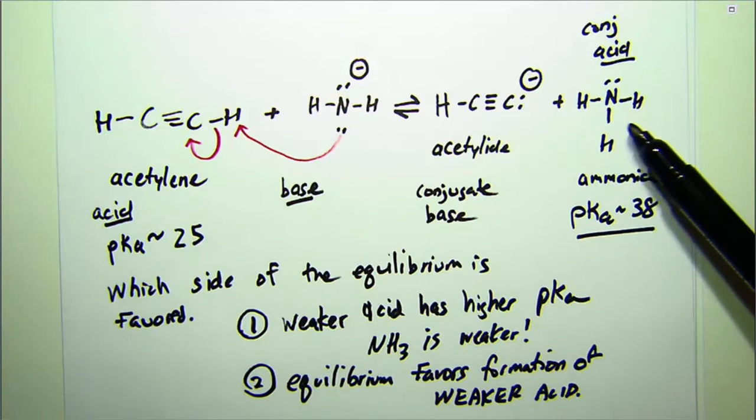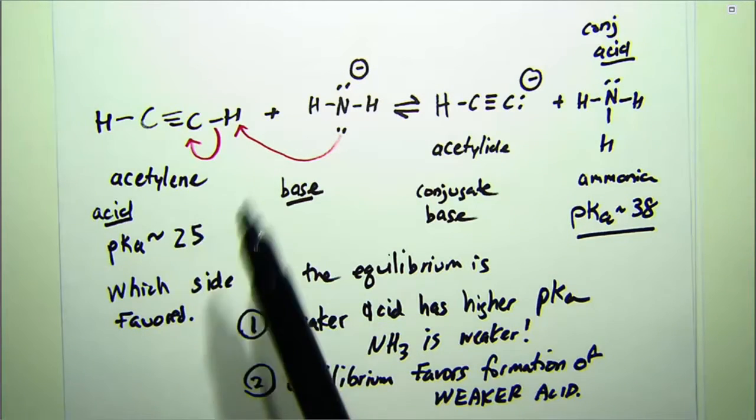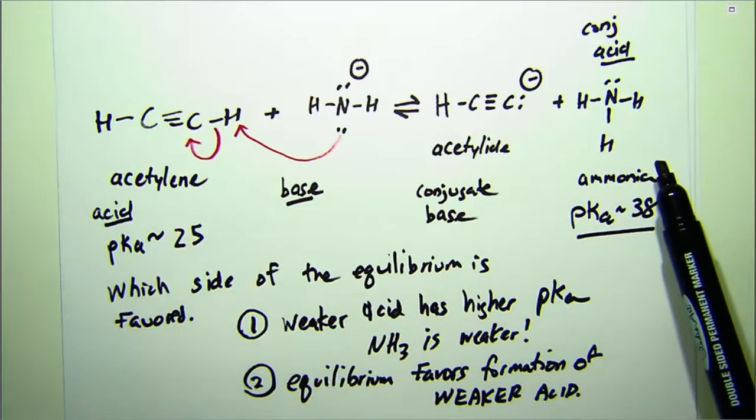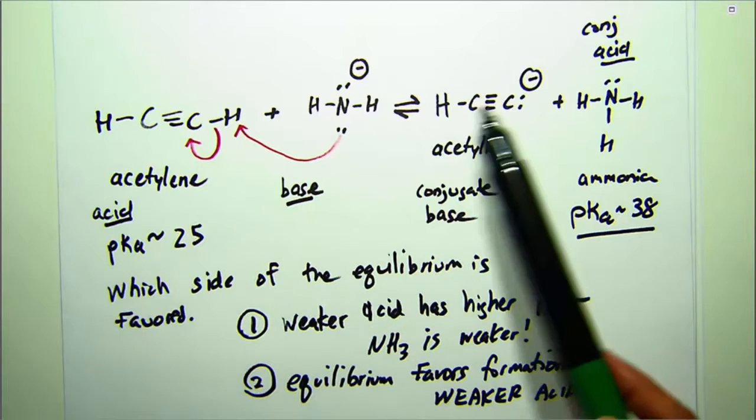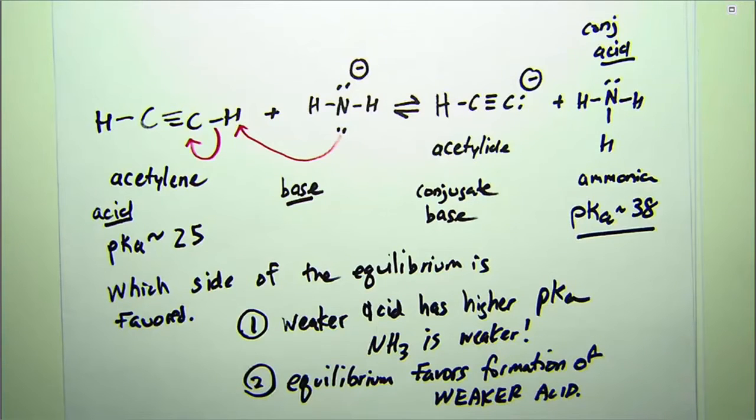And so it's going to hang on to that proton more strongly in the thermodynamics of this system. Okay, so it makes sense that the equilibrium is going to favor the weaker acid. It's going to favor the formation of the happier, more stable conjugate base. Okay, so with this simple idea and some pKa values, you guys now have the power to predict chemical equilibria.